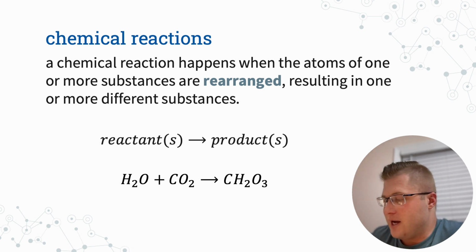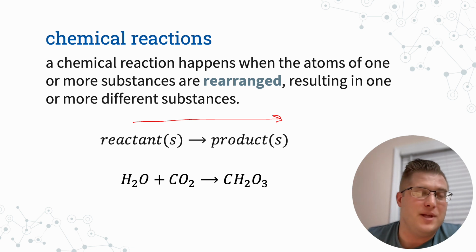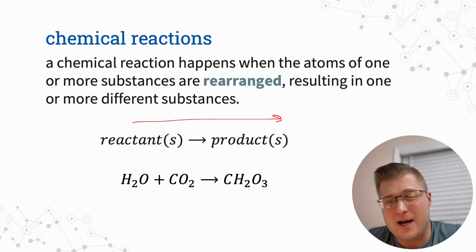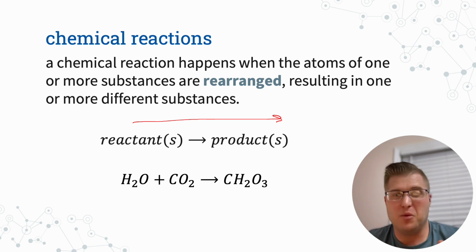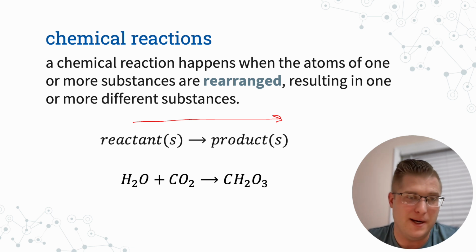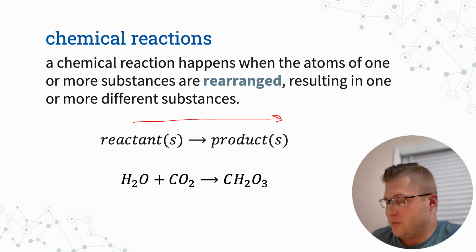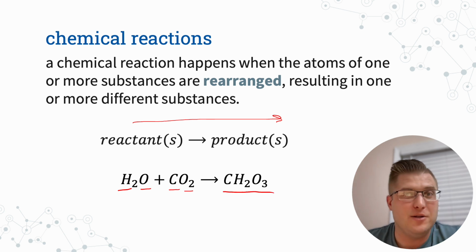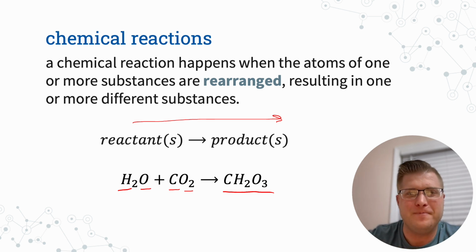We're going to read our reactions from left to right. Reactants are the items on the left, and the products are the items on the right. You may have one or more reactants, you may have one or more products. In this case, we have some sort of hydrogen and oxygen and carbon coming together to make this new carbon, hydrogen, oxygen compound. Let's have a look at our example.